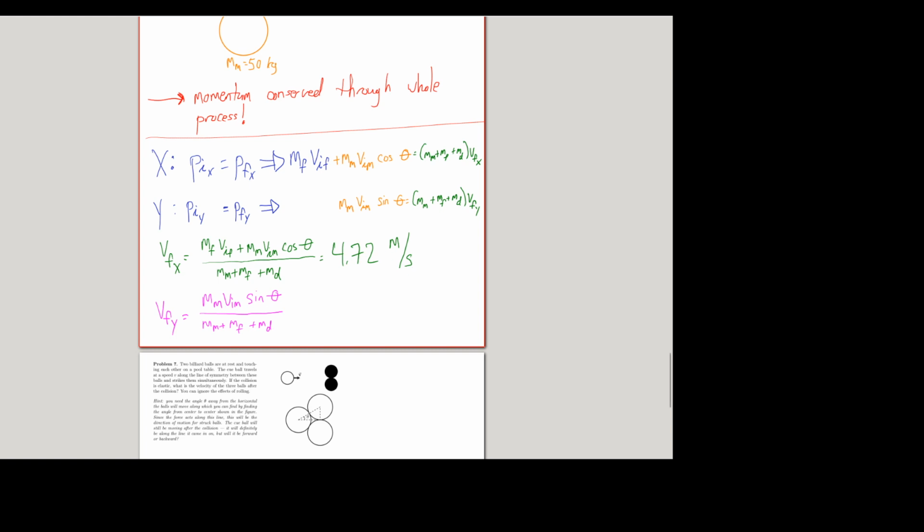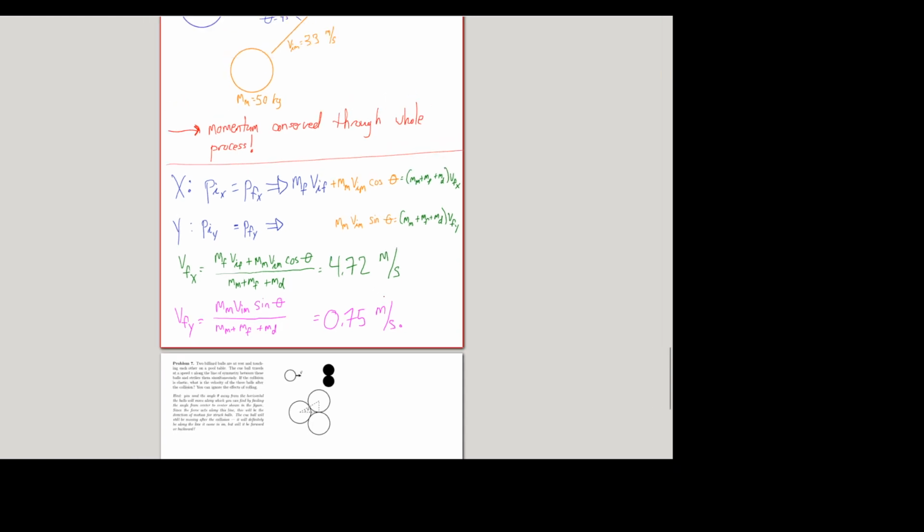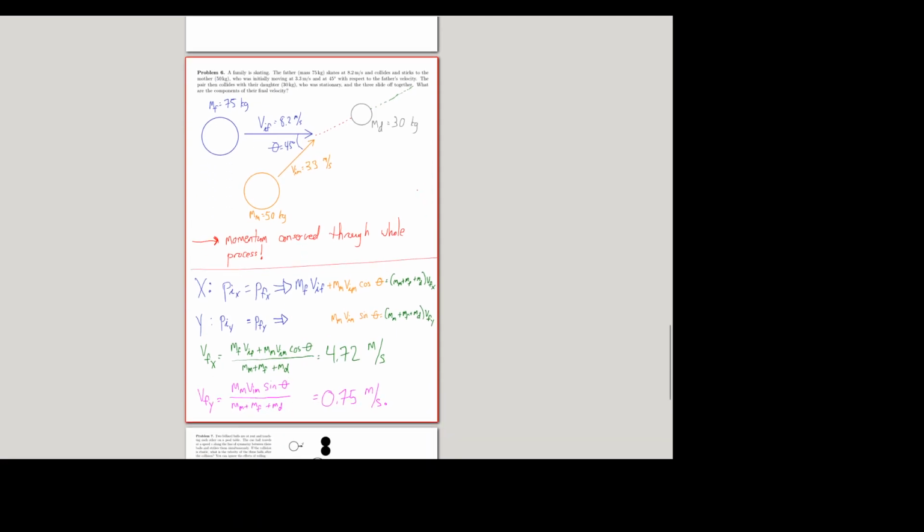Putting that into my Google machine. That gives me a final y component of 0.75 meters per second. And notice that the problem asked us to find only the components of their final velocity, which we have now done.